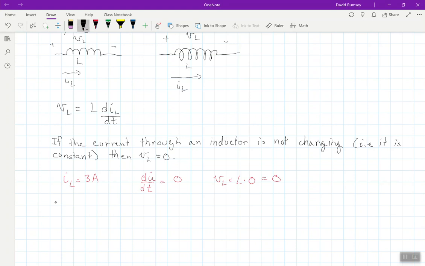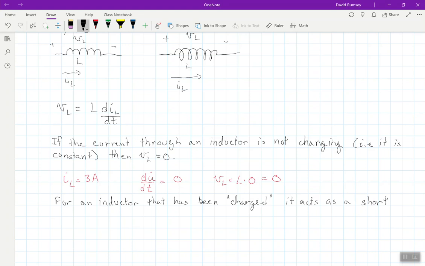So for an inductor that has been charged up, I don't like the word charge for inductors, but it is what we're doing here. I haven't thought of a better word to use instead of charged. But for an inductor that has been charged, it acts as a short.